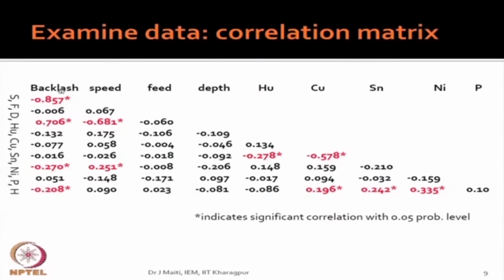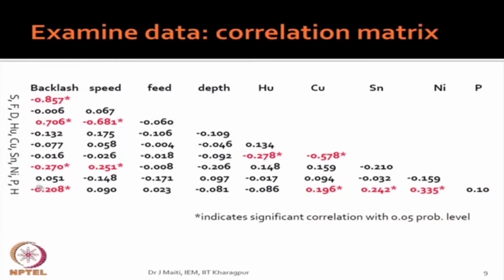So, backlash vis-a-vis speed, feed, depth of cut, humidity, these are process related variables. Copper, silicon, nickel, phosphorus and hardness, these are input quality variables.